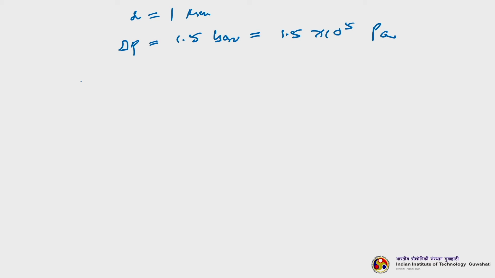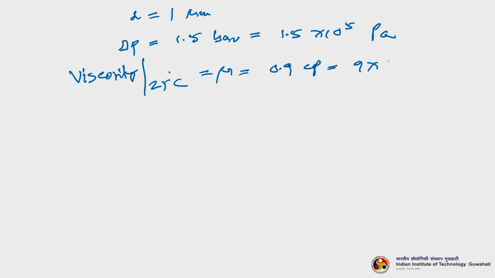Okay. So, the viscosity at 25 degrees centigrade, that is mu, equals 0.9 Cp, equals 9 into 10 power of minus 4 kg per meter second. Then the membrane thickness Lm is given as 70 micron.